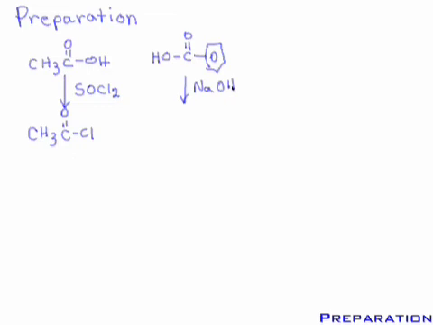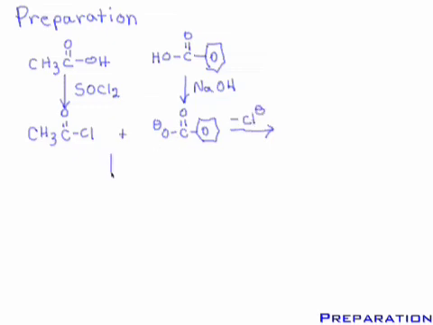Base deprotonates carboxylic acids and it would make benzoate anion. If we react the acid chloride with benzoate anion, a benzoate anion is a weak nucleophile, but acid chloride is so reactive it will react with it, giving off the good leaving group Cl-.